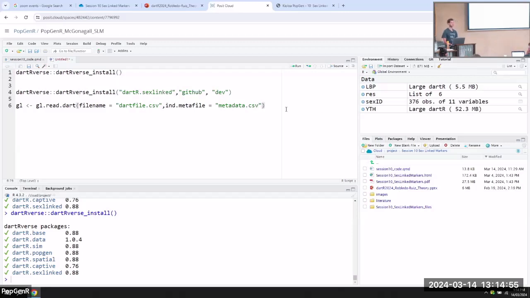Basically, that's all you need after you have that genlight object. You run our functions, and things will be revealed to you, or they won't.